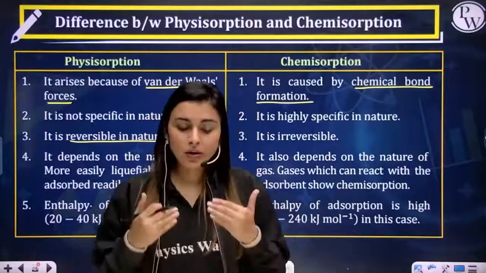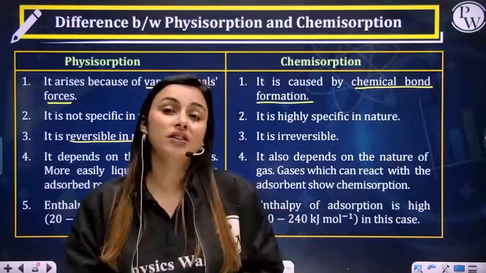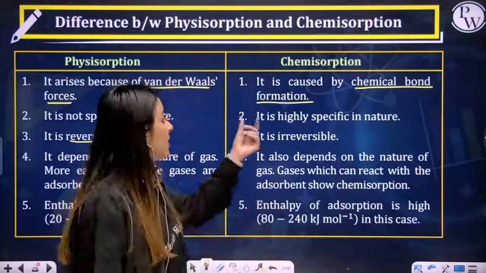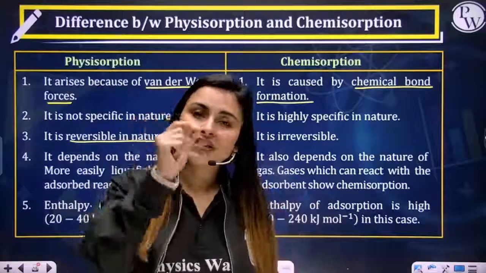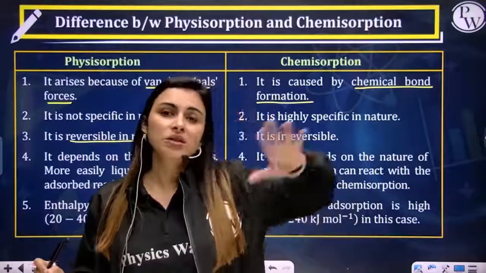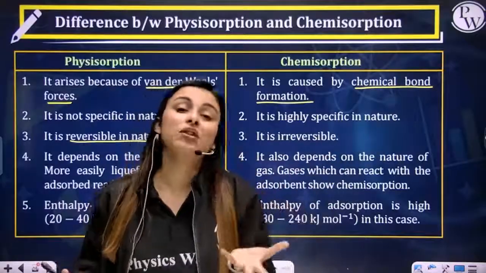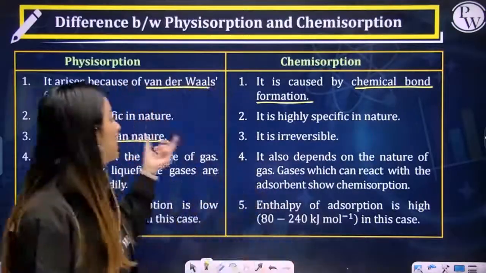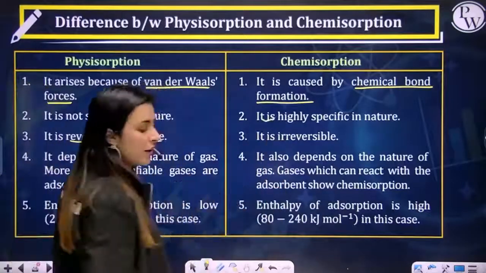This way a reversible process can take place, because the interactions are very weak. Whereas chemisorption is highly specific in nature. Once the chemical bond is made, can it be reversed? No, you cannot just break the bond on your own. You cannot reverse it because a chemical reaction has taken place. Okay, I hope you got this point.